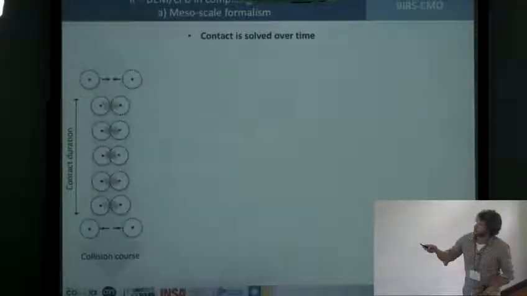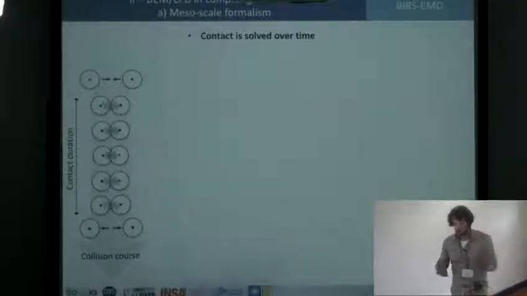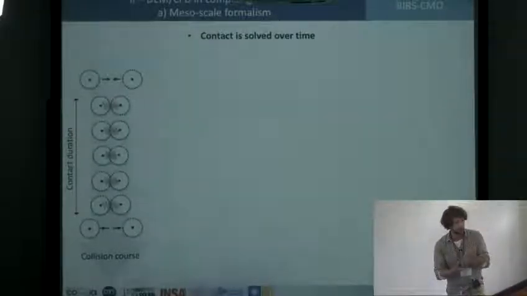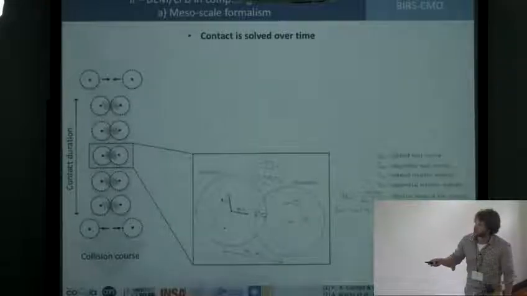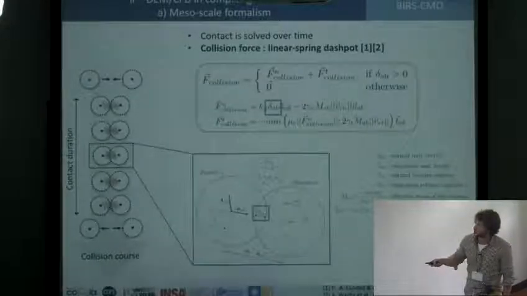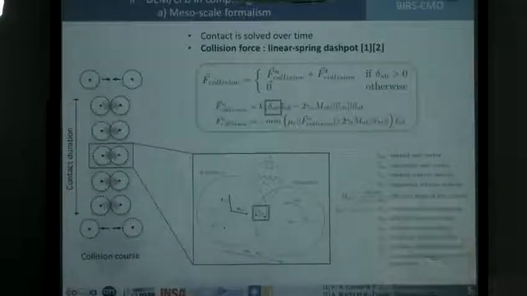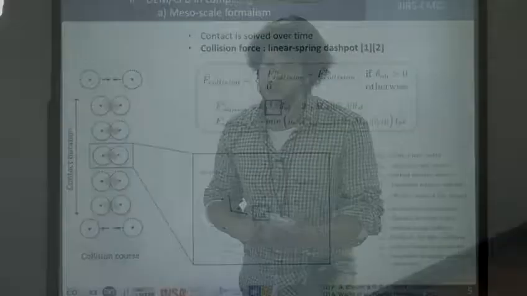So globally it says that the contact is solved over time, meaning that the particles are approaching, and instead of colliding, they overlap, and they overlap more and more until the strain of the spring is such that they have to part. So we can define many quantities during the contact, but one is of particular interest here. It's the overlapping distance between the two particles, because it will be used in our computation of the contact force. And we will see later that it's not straightforward to obtain it in some cases.